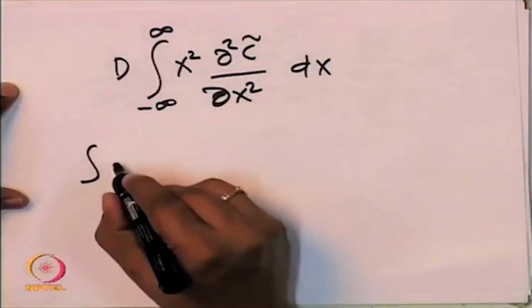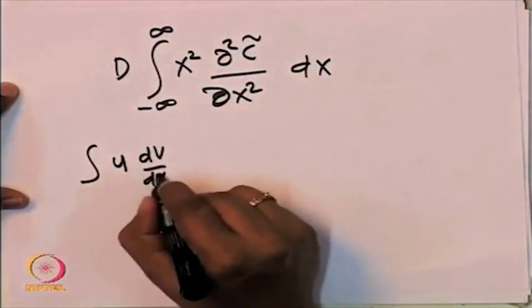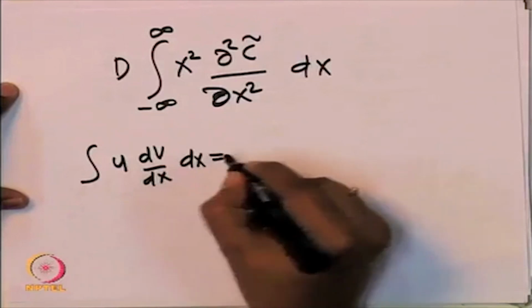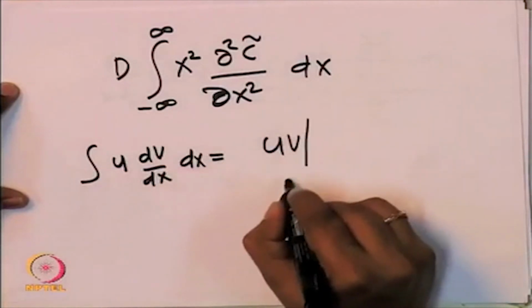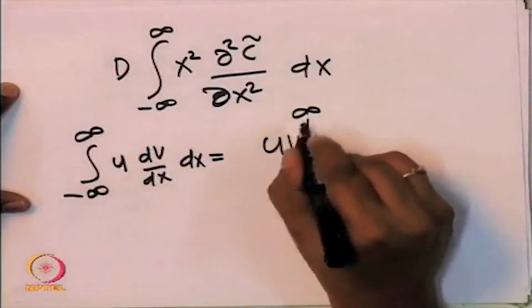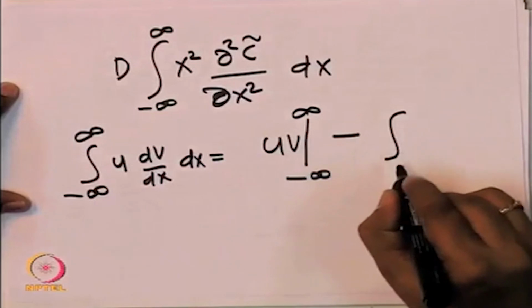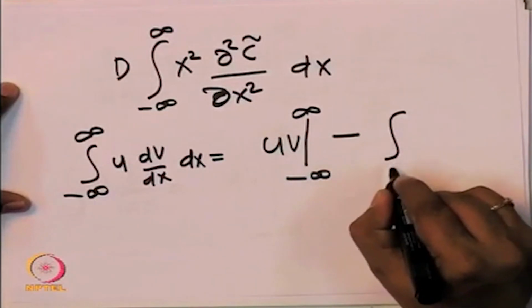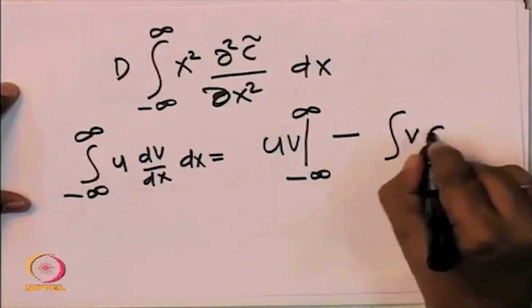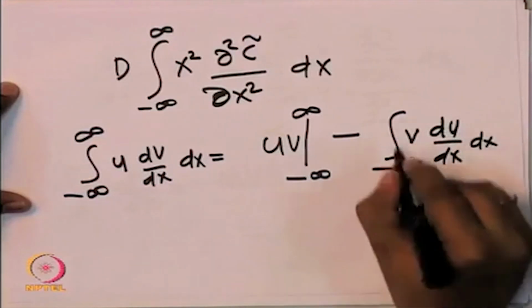I call x square as u and this as dv by dx into dx, and this is nothing but uv in the limits minus integral v du by dx, from minus infinity to infinity.